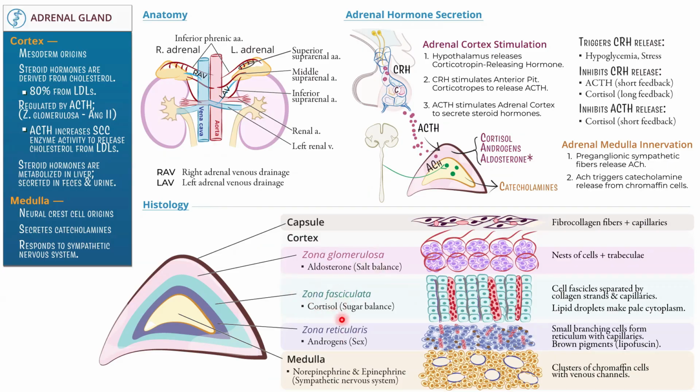Fasciculata produces cortisol or glucocorticoids for sugar balance. And then zona reticularis produces androgens for sex. And then medulla produces norepinephrine and epinephrine. And you can see now the histological organization there. And this norepinephrine and epinephrine is what you're calling catecholamines here.